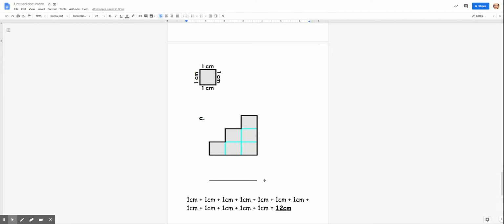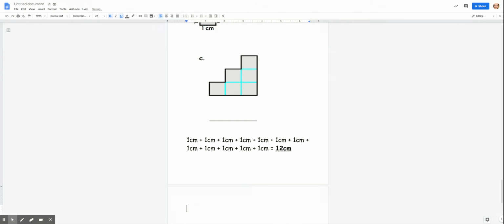Some of you may have used a higher level of thinking and thought, oh, I don't want to write all of those ones. I can look at this side and know that it is 3 centimeters.